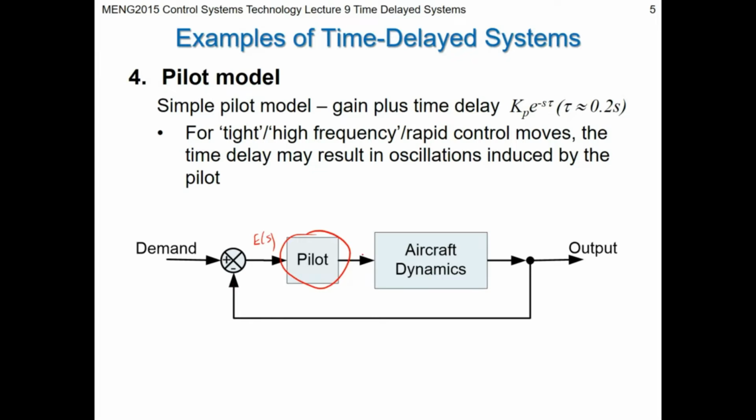He's manually assessing that and making adjustments on the control stick to control the aircraft dynamics in manual mode. But pilots, like all humans, have inherent time delays called reaction time.